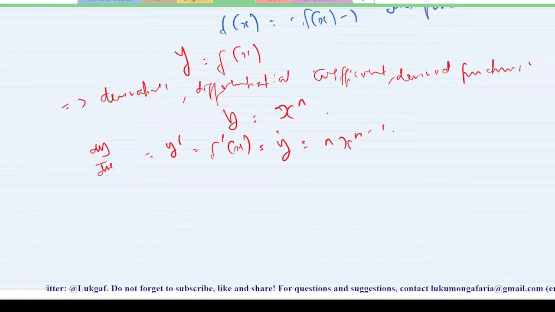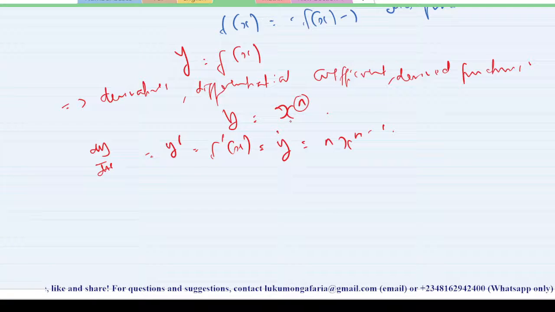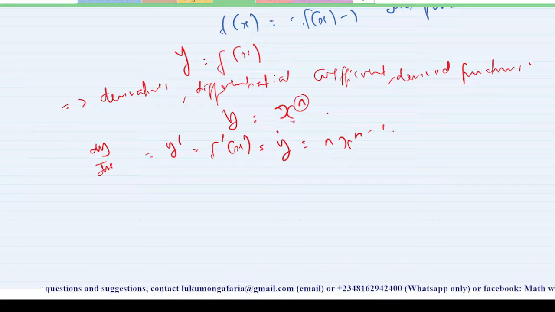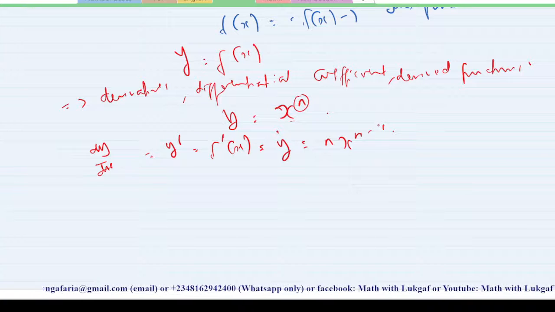That is, you take your index, that is your power here, multiply it by the number you have here, then subtract 1 from the index to get the new index.